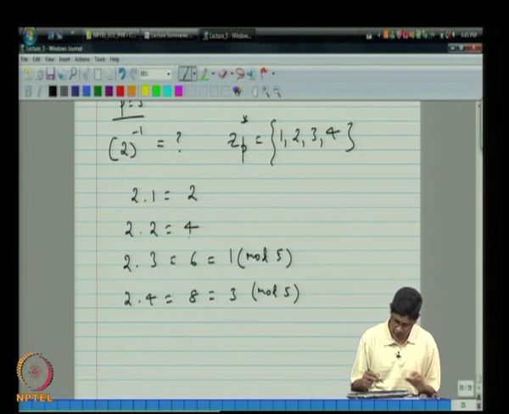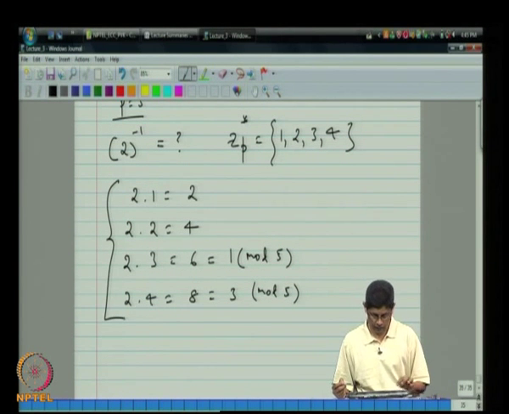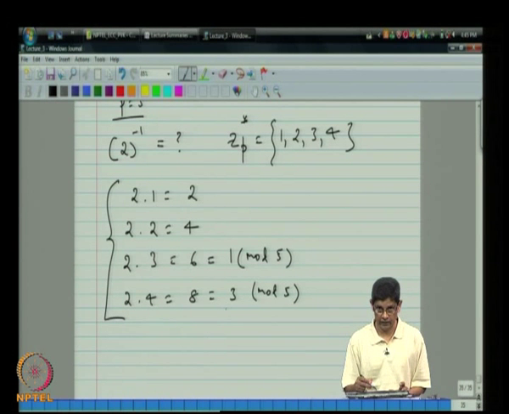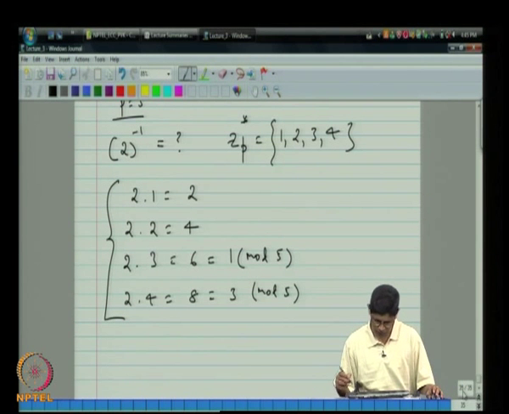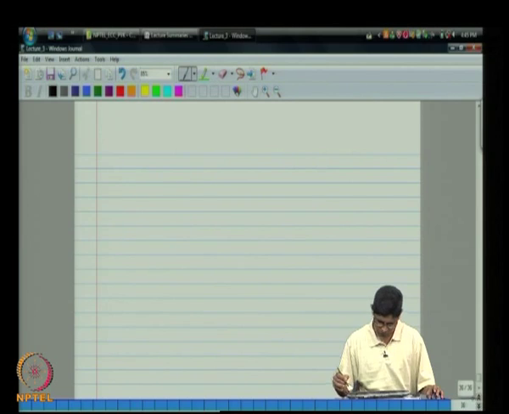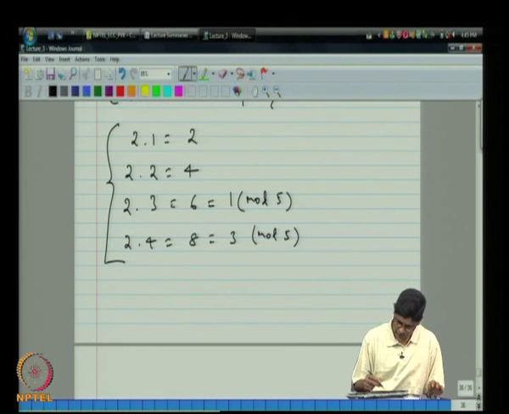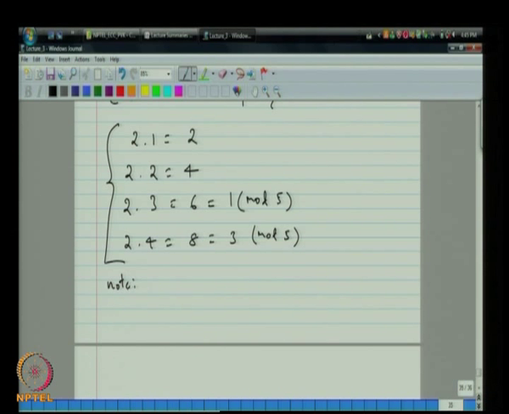Now, as you look at this, you will notice that all the results on the right hand side here are different, and in fact they have to be, because, note, all entries on the right hand side above are forced to be distinct.